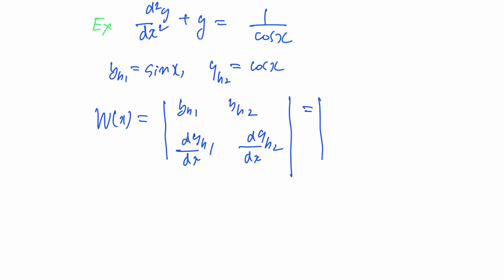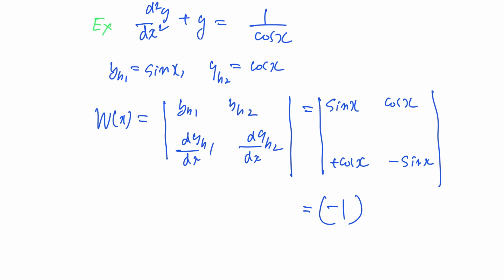So this is sine x, cosine x, minus cosine x, minus sine x, is equal to minus 1, right? So Wronskian is minus 1. Px is 1. Sx is 1 over cosine x.